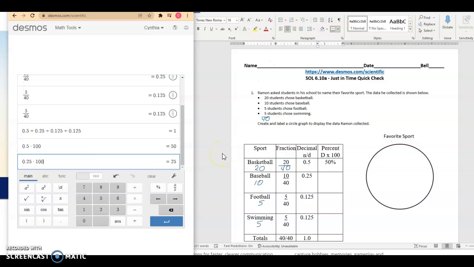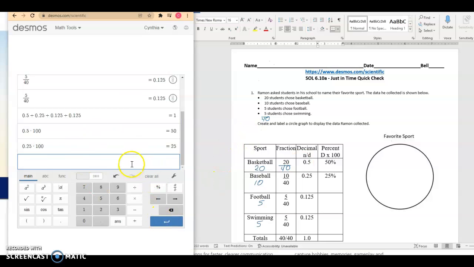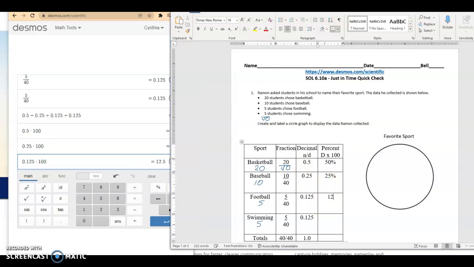0.25 times 100, that is 25 or 25%. 0.125 times 100 is going to give me 12.5%. And the same thing for swimming, which is 12.5%.